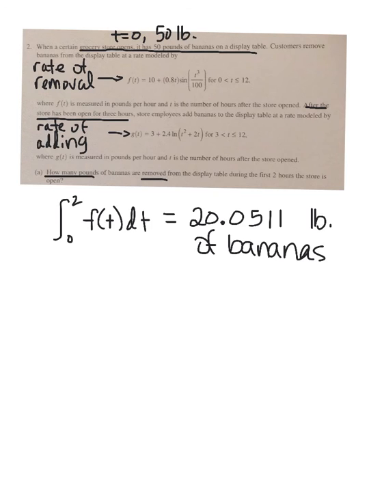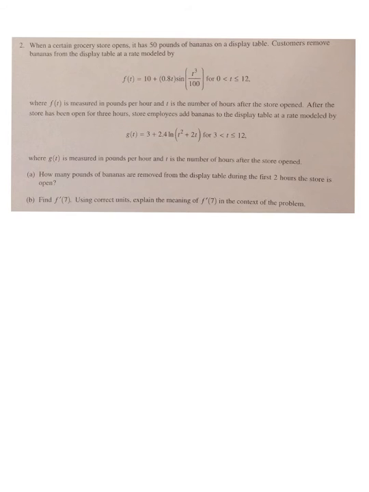Okay? All right, second part says find f prime of 7. Well, don't you already have this in your y1? Now remember, a calculator is not going to give you the derivative. However, it will give you the derivative evaluated at a certain point, in this case at 7. So since you already have that in your y1, go to your home screen and hit math 8, which is your nDeriv, and type in an x value of 7.